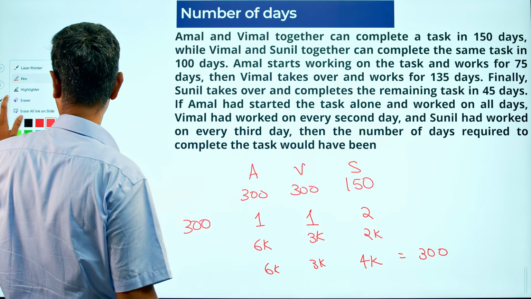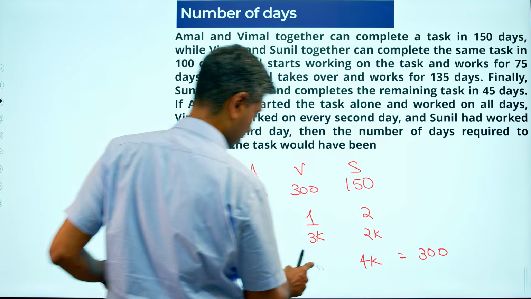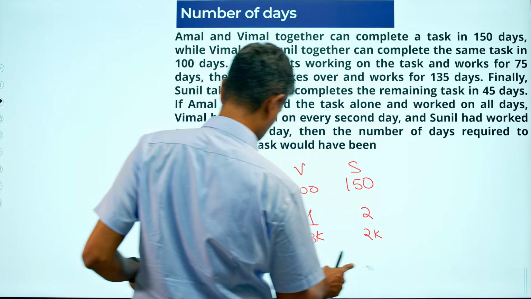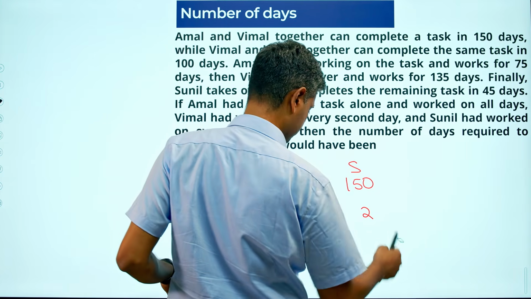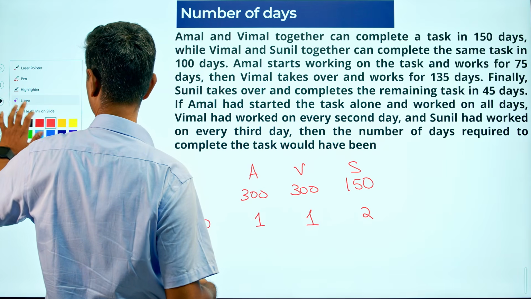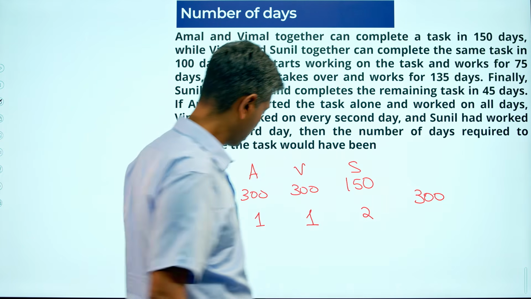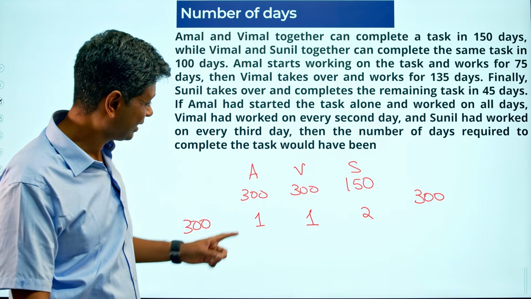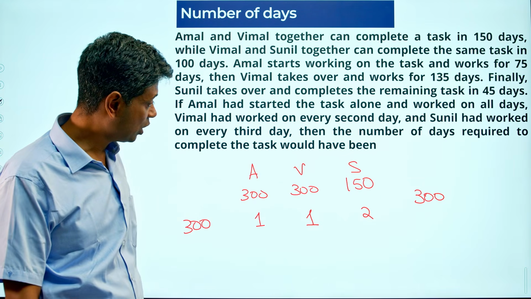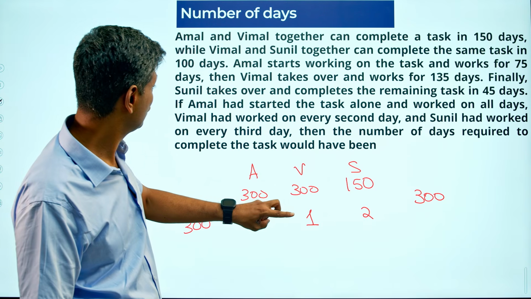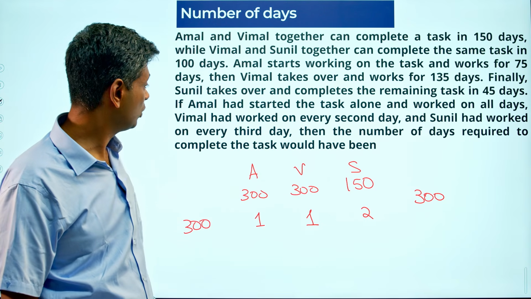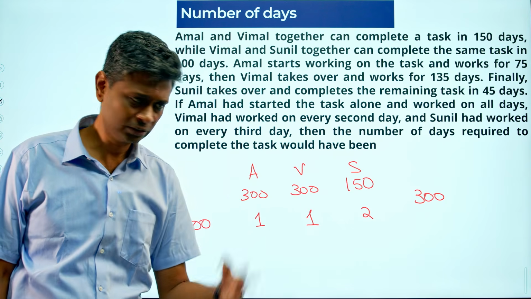So what am I going to do? I'm going to say, hey, let's do it step by step. Total task is 300 units. Amal works every day. Vimal works every second day. Sunil works every third day.